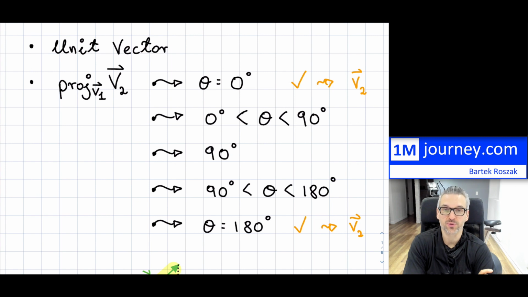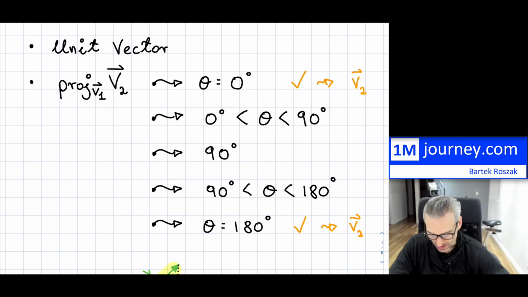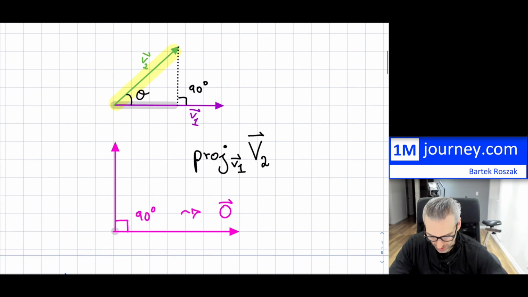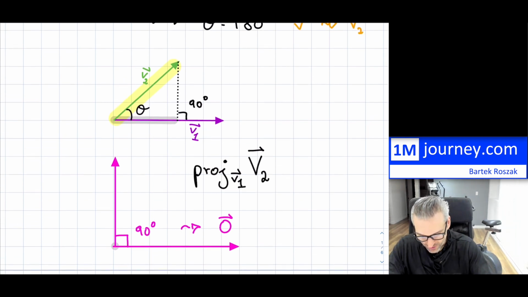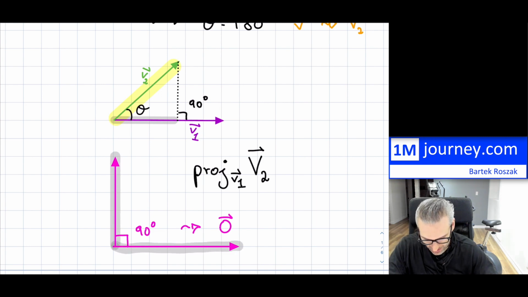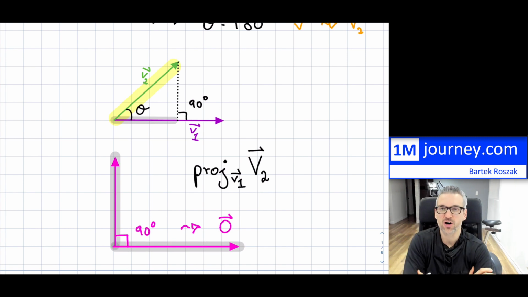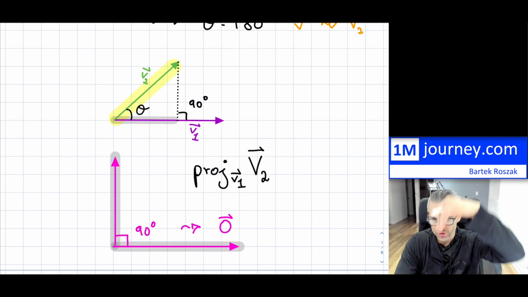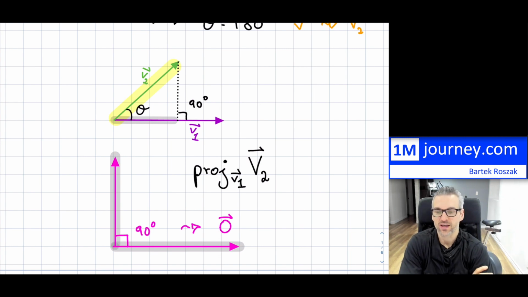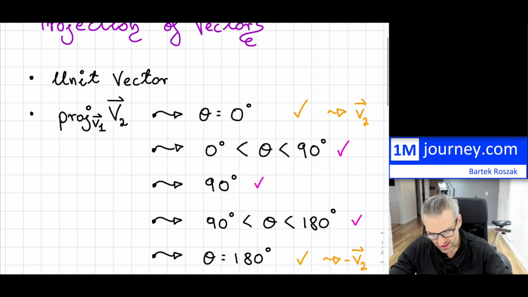If we were trying to project a vector onto another vector in that case, you would have your 90 degrees right here. You have one vector being projected onto the other one, and really there would be no projection at all. If it just drops down entirely, that would simply give us a 0.